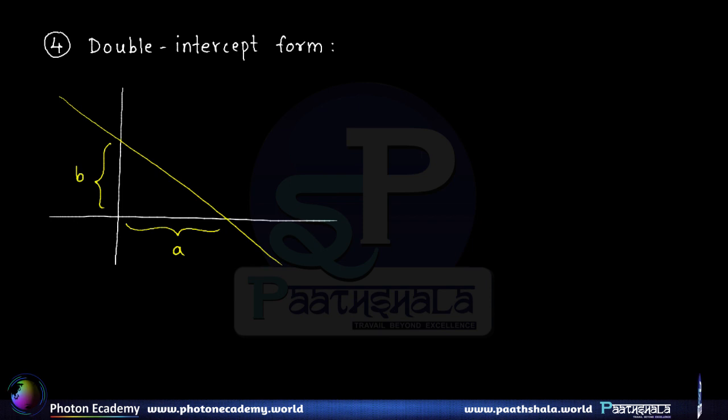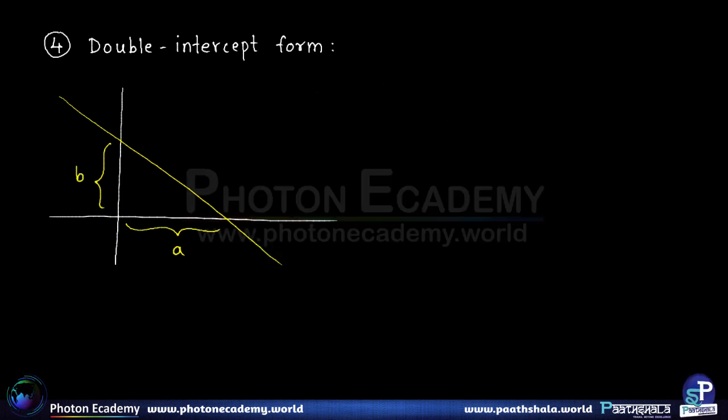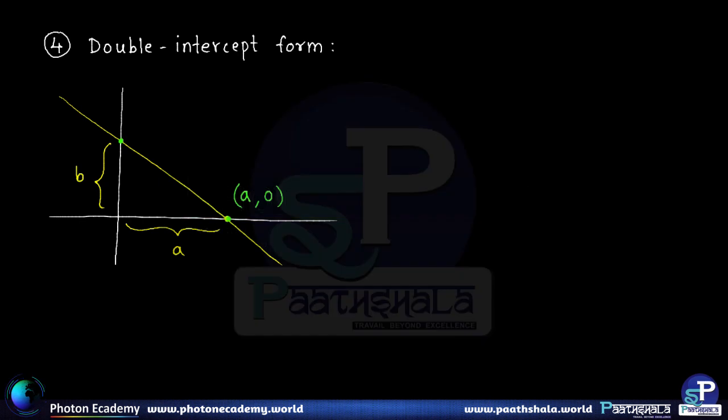These values are given to us, and once again we have to write the equation of the line. If we know the two intercepts, then we know the two points a comma 0 and 0 comma b, isn't it? We know their coordinates, so we know two specific points that lie on the line.